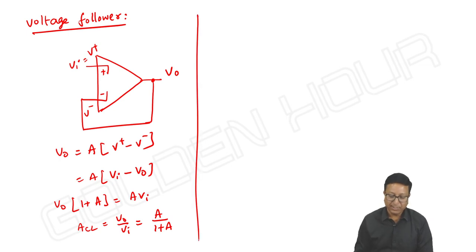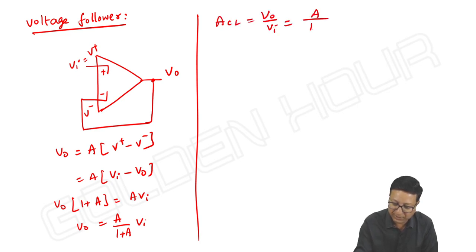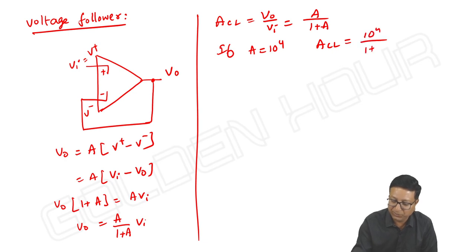If A is extremely high, then what happens? The closed loop gain V output by Vi is equal to A by 1 plus A. Suppose A is equal to 10 power 4, then the closed loop gain is equal to 10 power 4 by 1 plus 10 power 4.